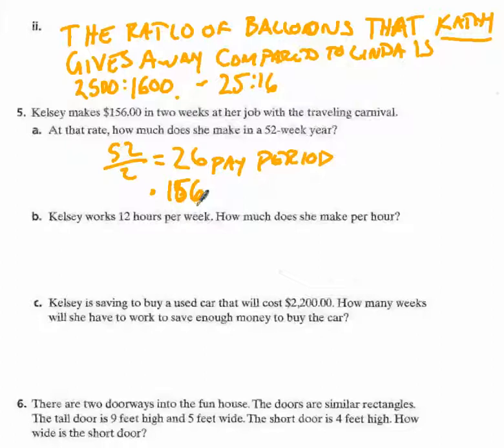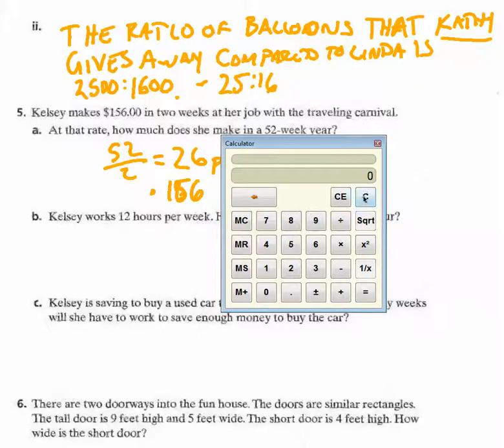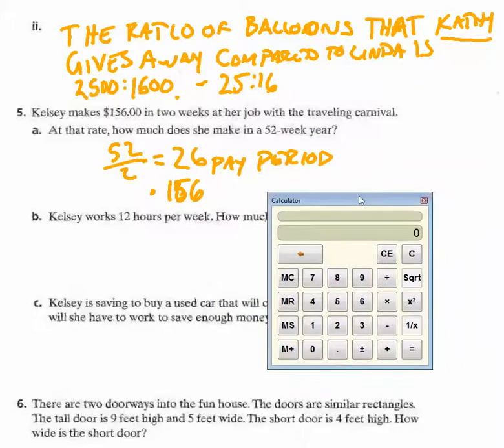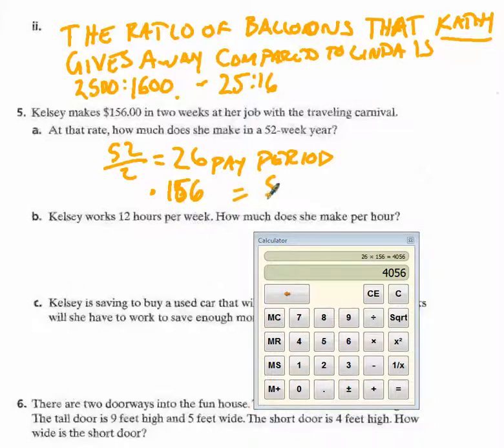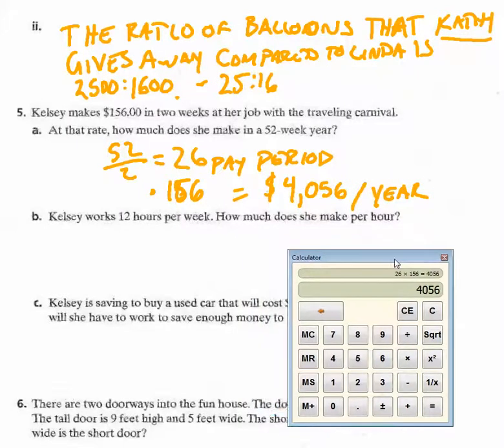So if I'm using my calculator, which I did get rid of and the computer still thinks I have it, now it's really going to be confused. Okay, there we go. So we have 26 times $156 per pay period. That means we're making a whopping $4,056 per year. Not great, but not bad for a part-time job.